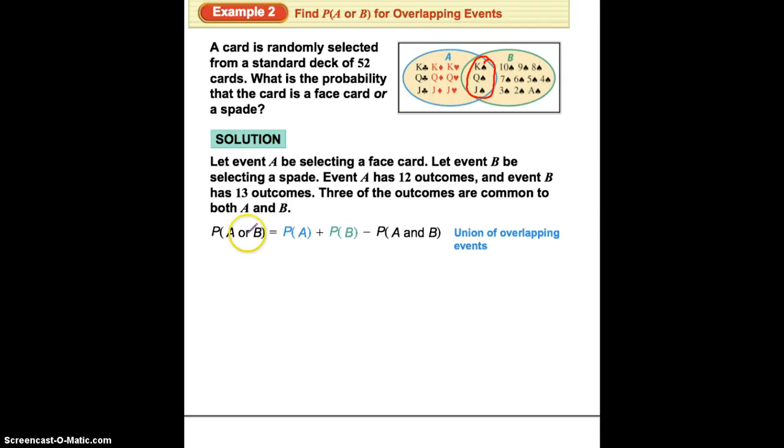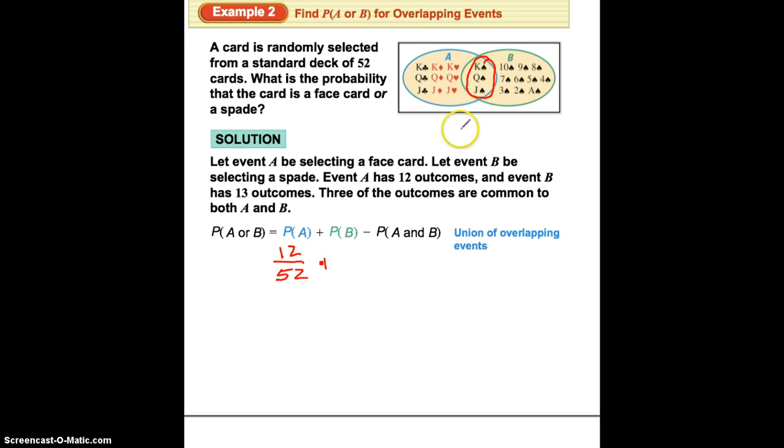They're in both. So when we're finding the probability here, the probability of A would be that it's a face card. Okay, the probability that it's a face card, there's 3 face cards for each suit, so there's a total of 12 face cards.